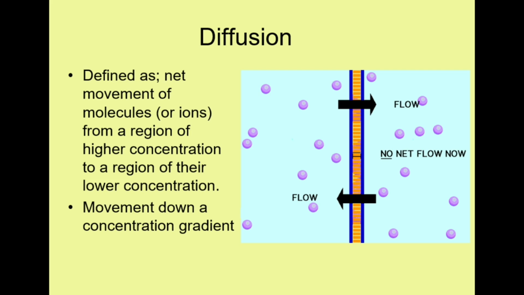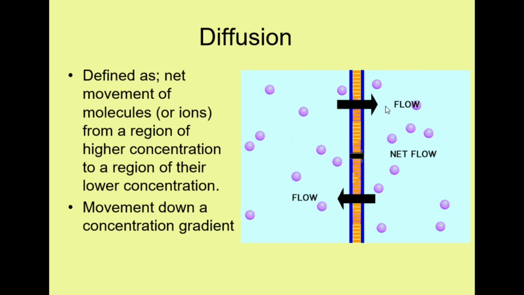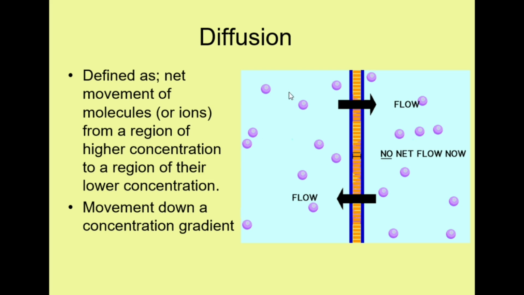So to simplify that, things will move from an area where there are a lot of them to an area where there are not very many of them until they are evenly distributed. Okay, so that's what we saw on this little animation. So I'll go back and then I'll restart the animation. So you can see how these little balls are moving from left to right until they are evenly distributed.